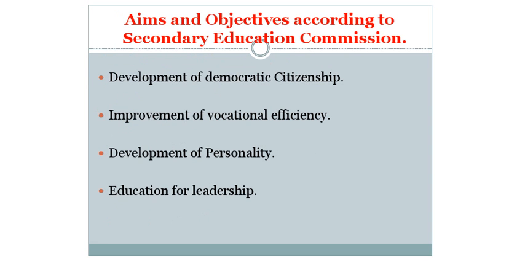Now we will discuss aims and objectives of secondary education. These aims are given by the Secondary Education Commission. According to the Secondary Education Commission, the aims of secondary education should be, number first, development of democratic citizenship.